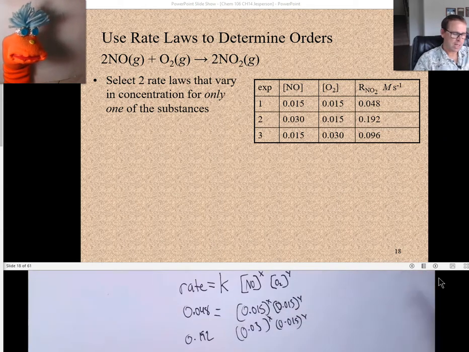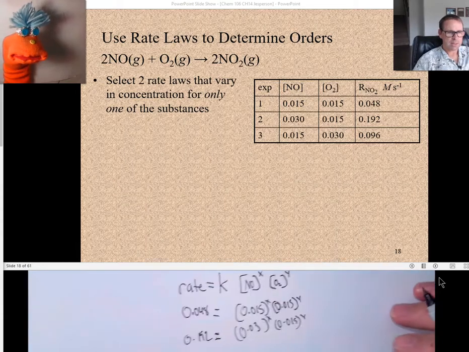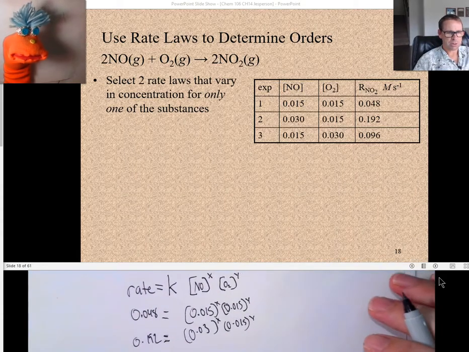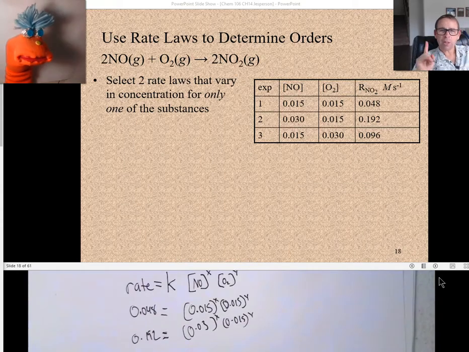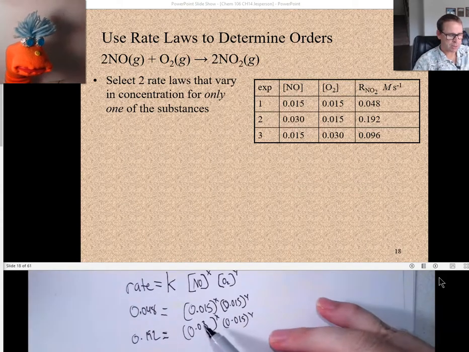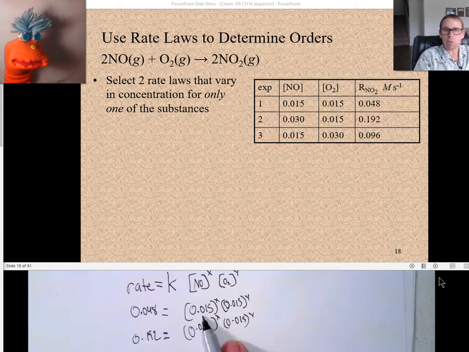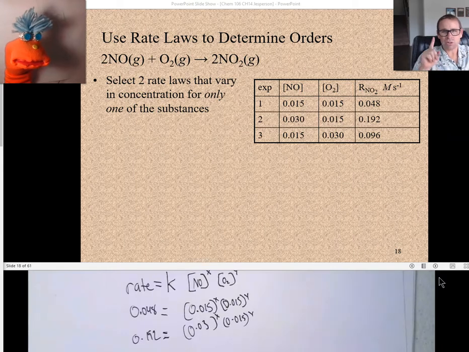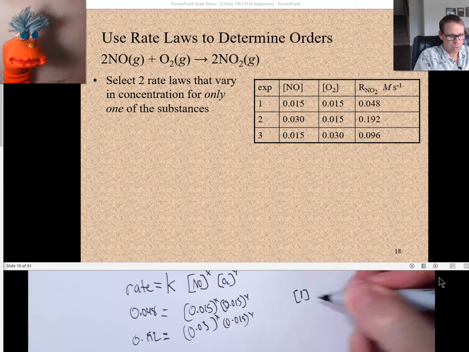If the K values are the same between these 2, so you can just call these fixed, then that tells us something about the exponents. Now we could do the math and solve for the exponents, but it's a little intensive. But we can simplify it for ourselves. If I take this 0.015 as 1, the concentration of my NO was 1.